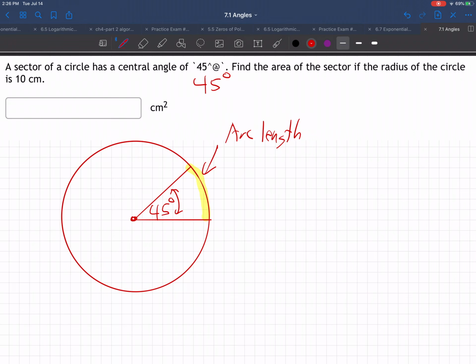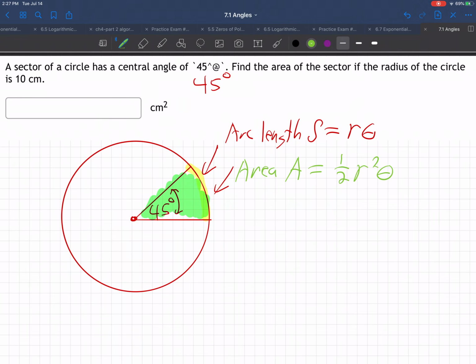The arc length, we call it S for I don't know why, is r theta, and then the area formula, area A, is a different formula, 1/2 r squared theta. So that's what they're asking us for on this problem. I just wanted to give you both formulas to have both of them before you. They're not asking me for arc length on this one.